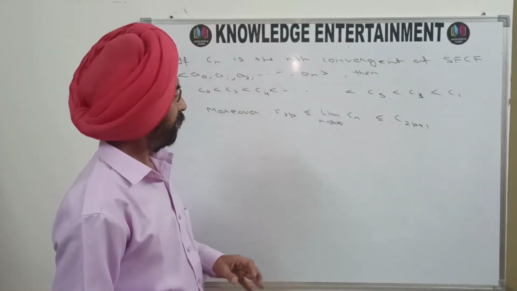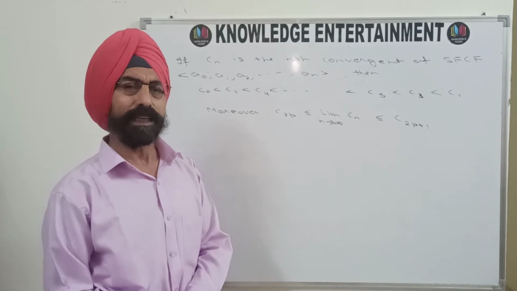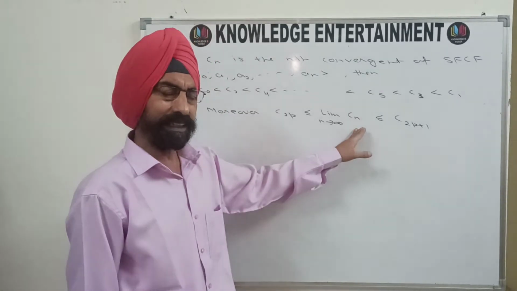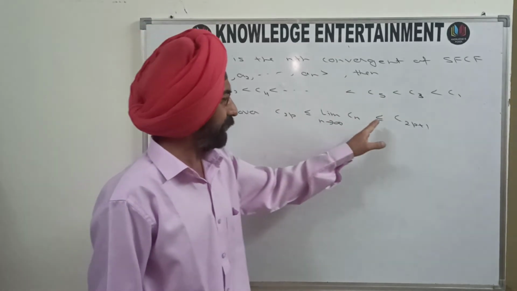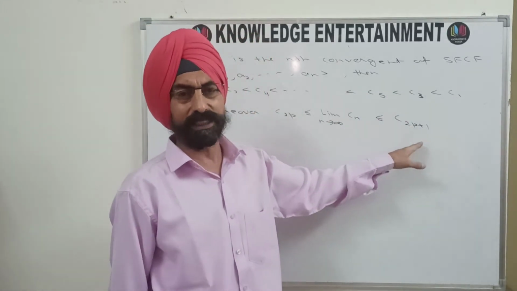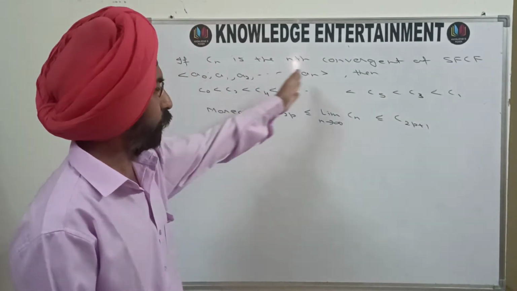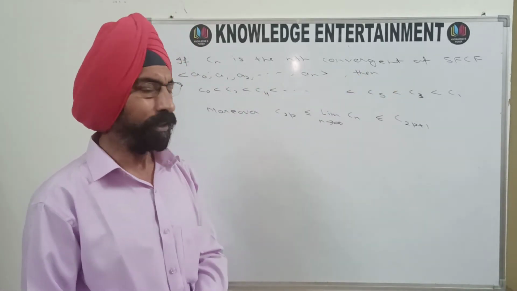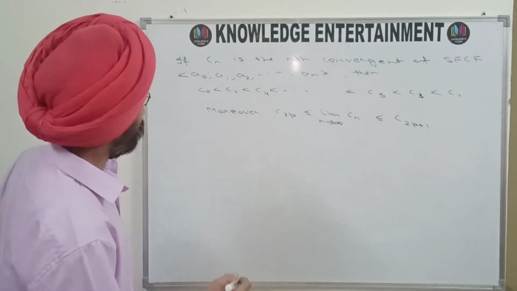That means the sequence Cn is convergent, and the point where it converges is greater than or equal to every even convergent and is less than or equal to every odd convergent of the simple finite continued fraction given by a0, a1, a2 and so on up to an. Now we are moving on to the proof of this theorem.